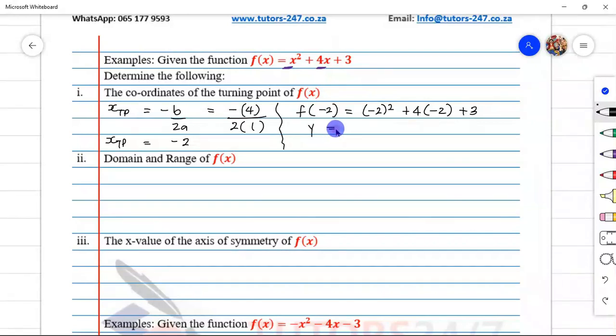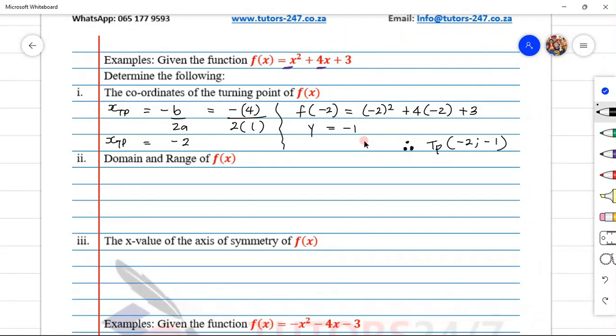Once we put that onto our calculator, negative 2 all squared plus 4 times negative 2 plus 3, that is going to give us negative 1. So we can then conclude that our turning point coordinates are therefore negative 2 and negative 1.